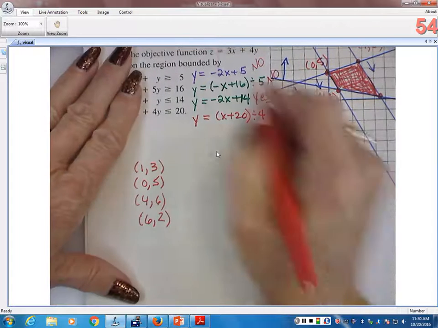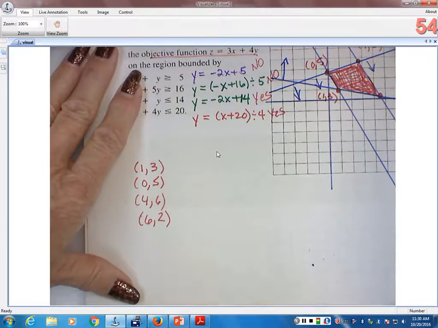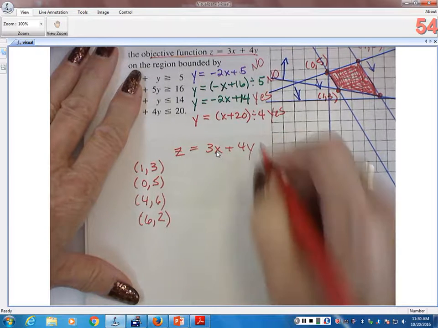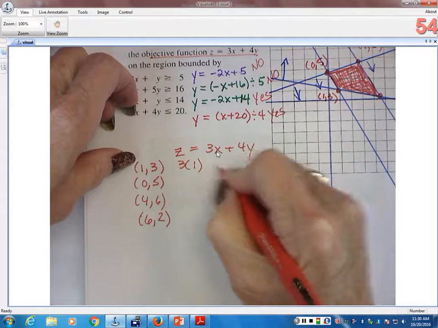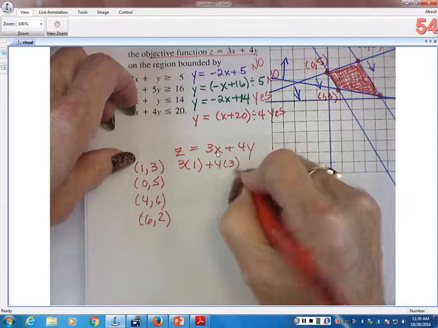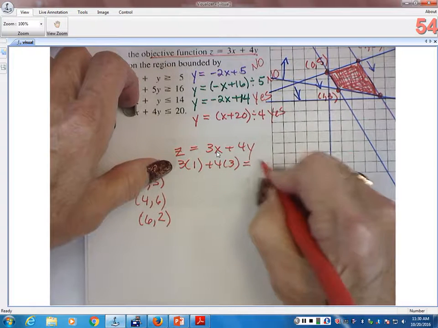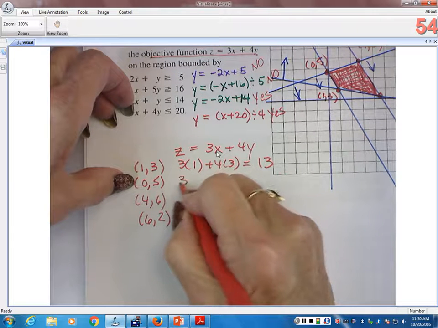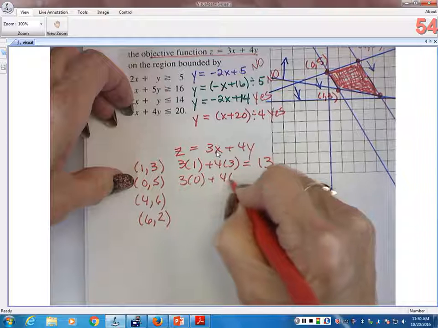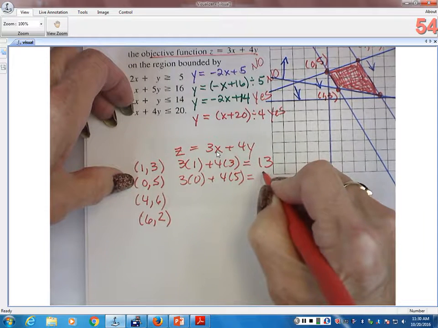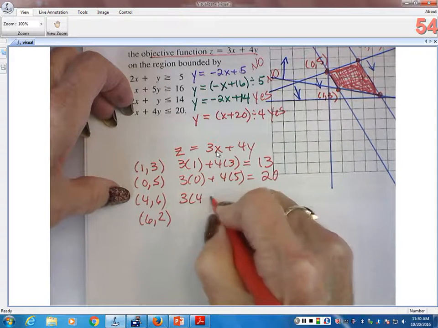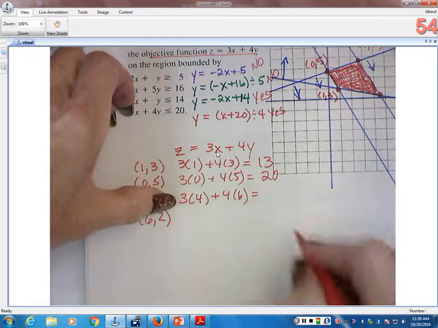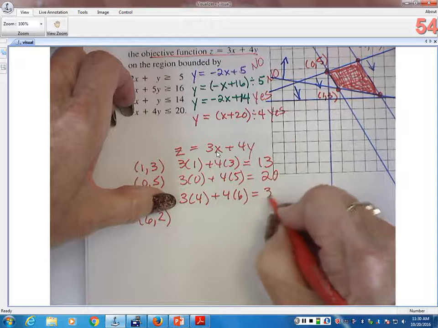So here's our objective function: 3x plus 4y. So 3 times 1 plus 4 times 3, 3 plus 12 is 13. 3 times 0 plus 4 times 5 is 20. 3 times 4 plus 4 times 6 is 12 plus 24, which is 36.